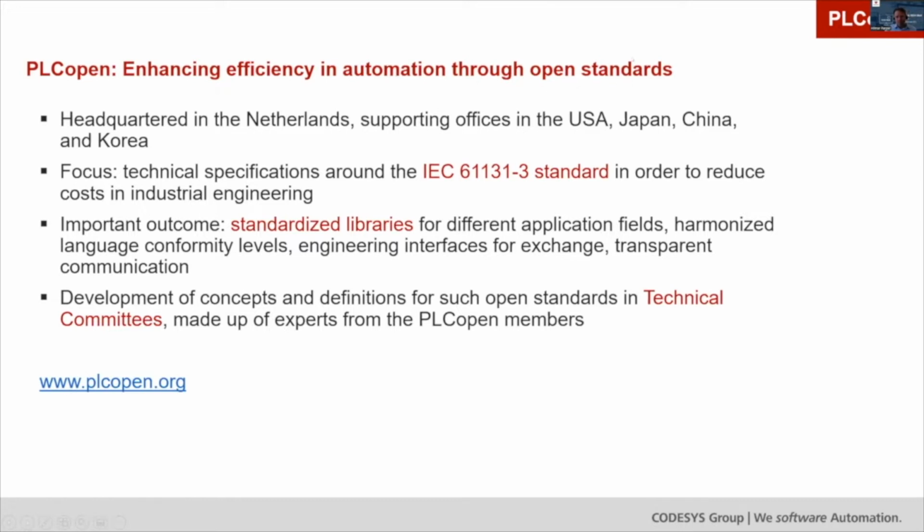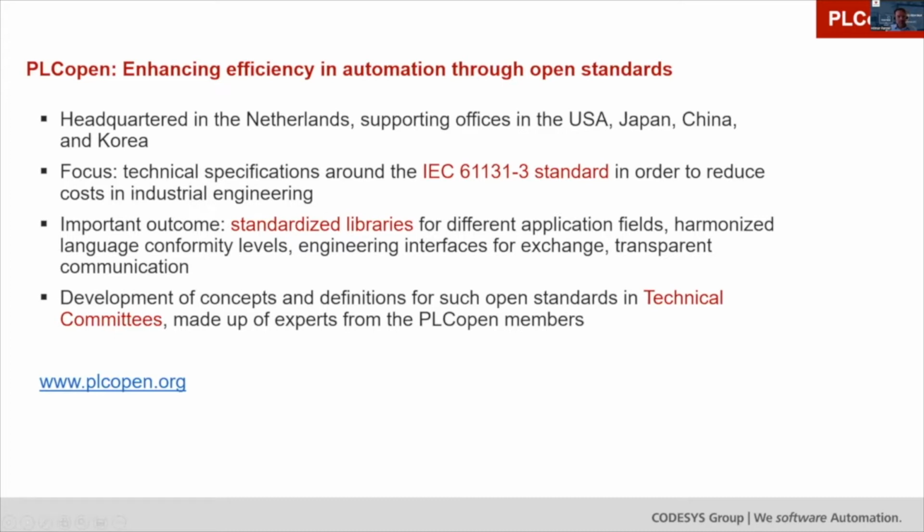Its members are typically suppliers of automation, or users, like machine builders or plant builders, that have to write applications. Its headquarters is in the Netherlands. Managing director is Elko van der Waal, and there are several supporting offices: one in the United States, one in Japan, one in China, and in Korea.